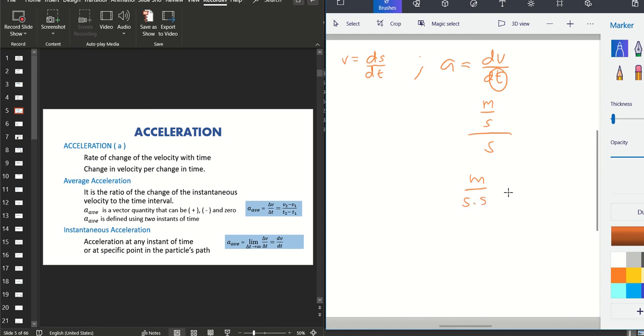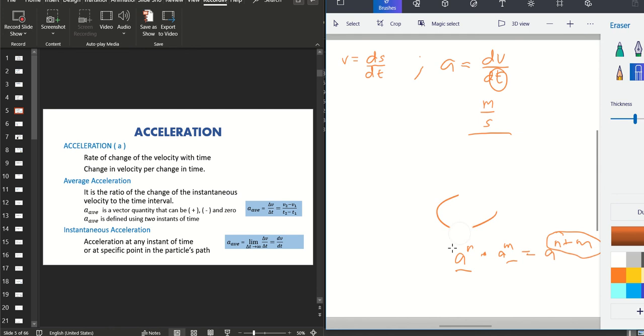And if you can remember your math, a^n times a^m is equal to a^(n+m). So when we multiply with the same base, you just add the exponents.